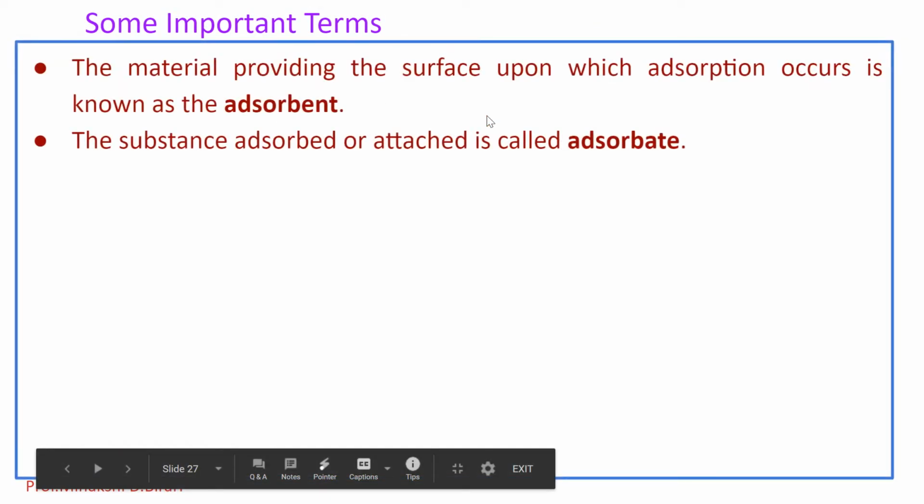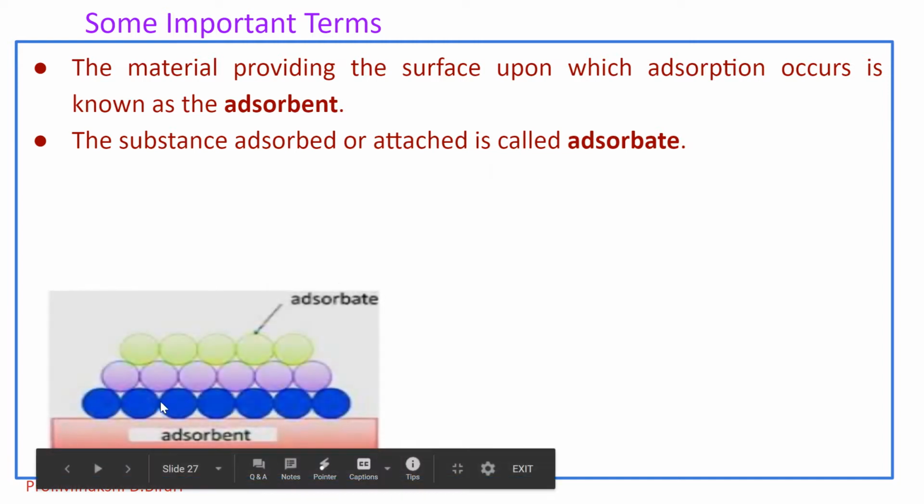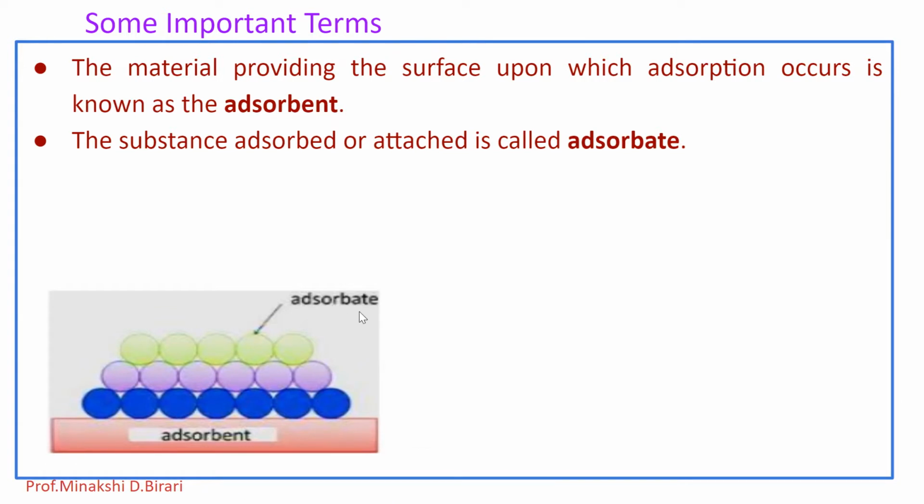The material providing the surface upon which adsorption occurs is known as the adsorbent, and the substance adsorbed or attached is called the adsorbate.